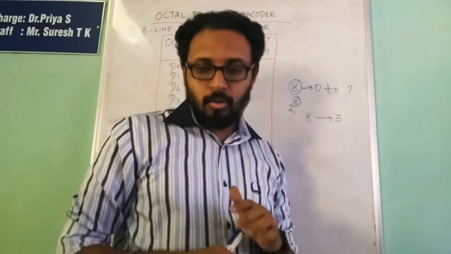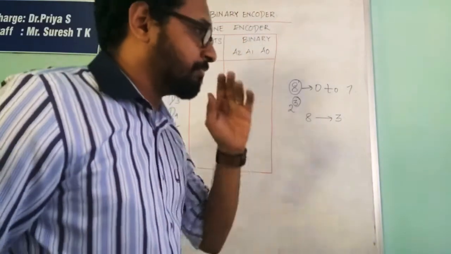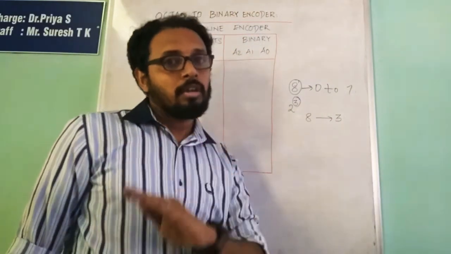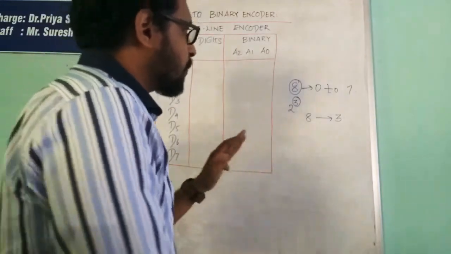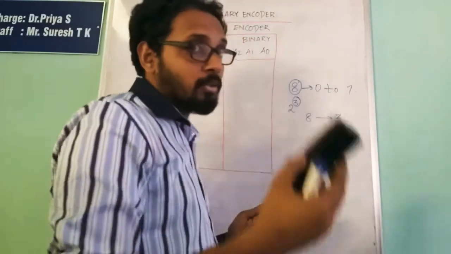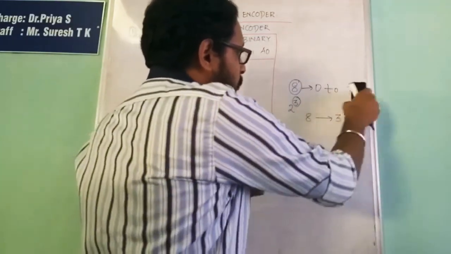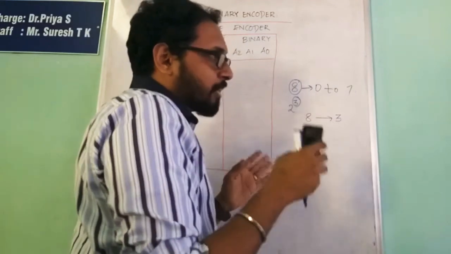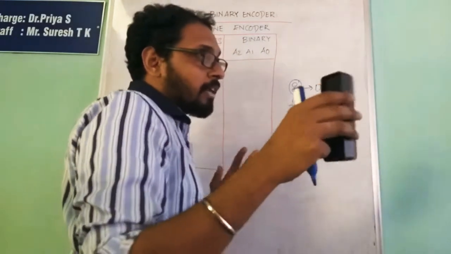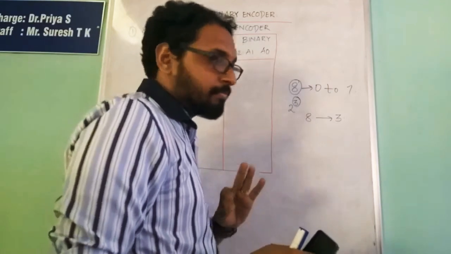Clear? So we are going to construct an octal to binary encoder. We have 8 octal numbers, 0 to 7, and 2 raised to 3 is 8, so it can be converted to a maximum of 3-bit binary.